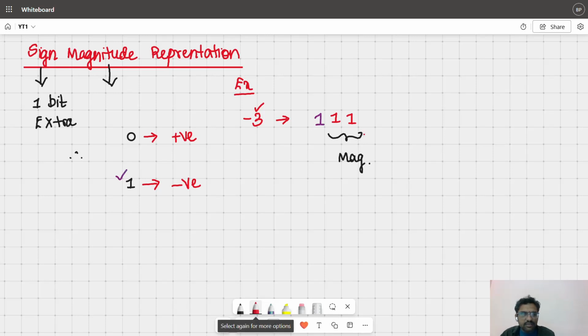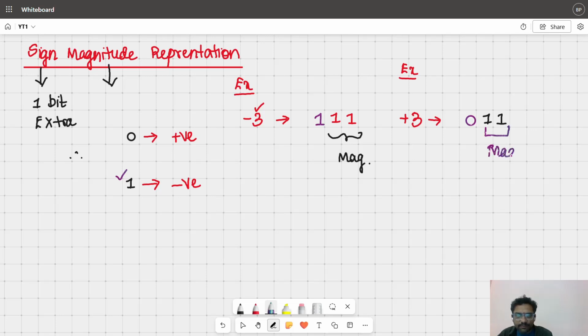Similarly, as another example, to represent +3, the magnitude of +3 is 1 1, and the sign bit is 0. So this represents the magnitude and this represents the sign bit.